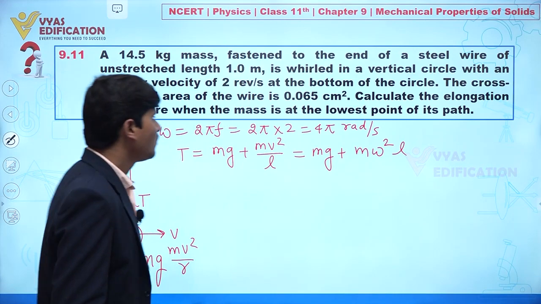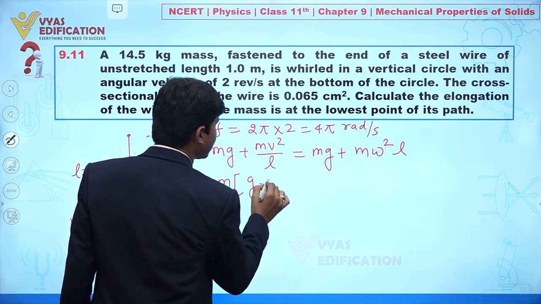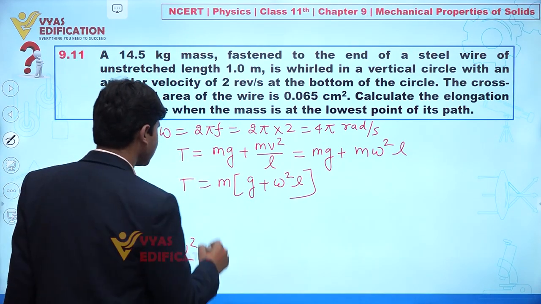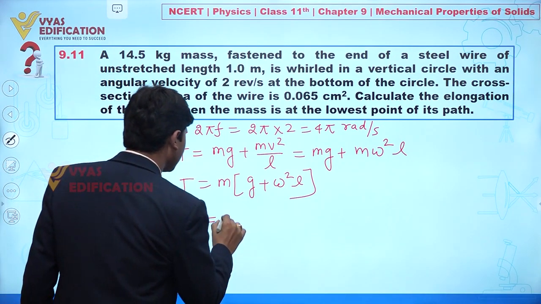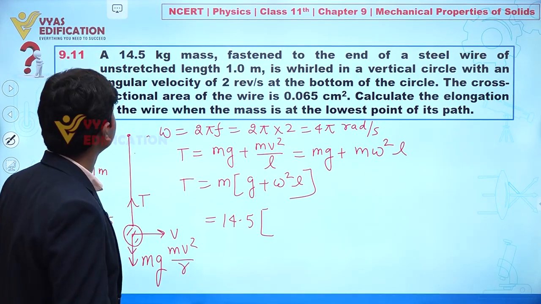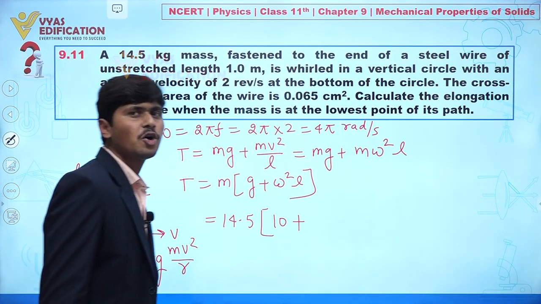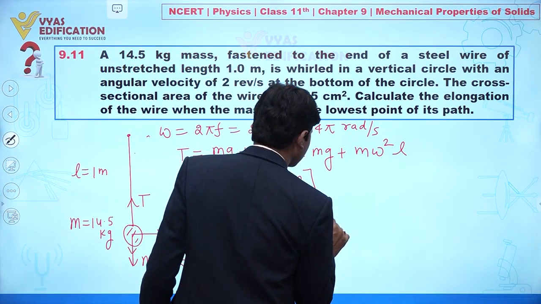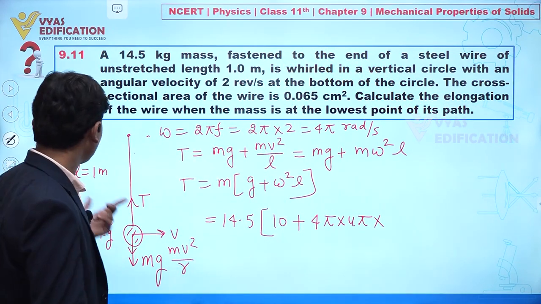Now from here we can take m common. This is m times g plus omega square L. The value of m, mass, is given to you, 14.5. The value of small g is given to you as 10, plus omega square L. Omega is given as 4 pi, so 4 pi into 4 pi multiplied with L. L is given to you as 1 meter.